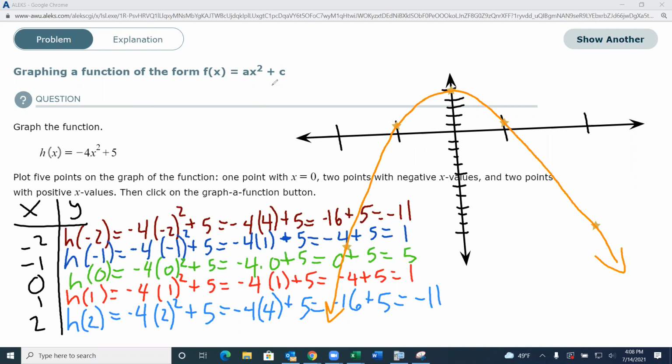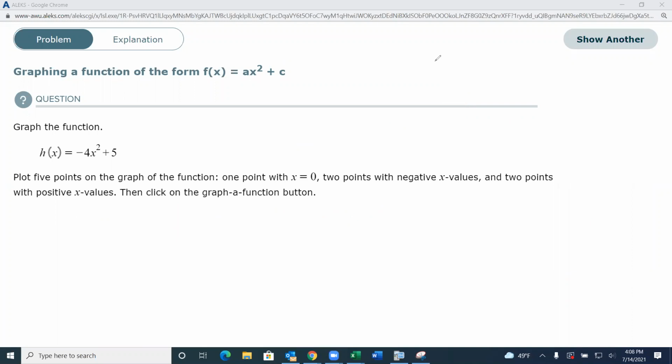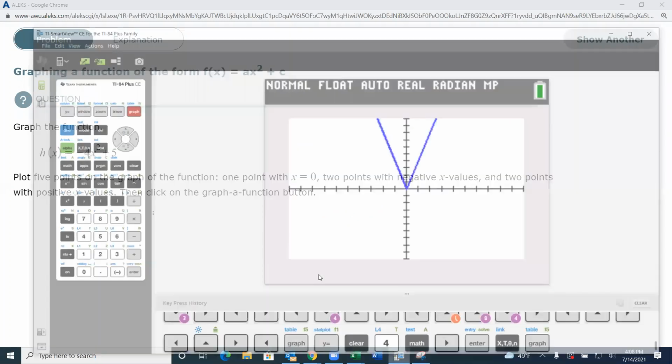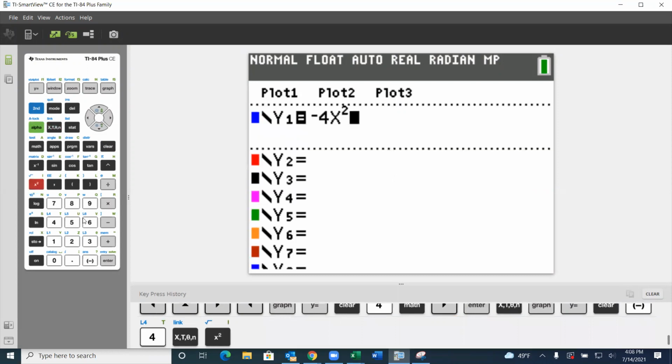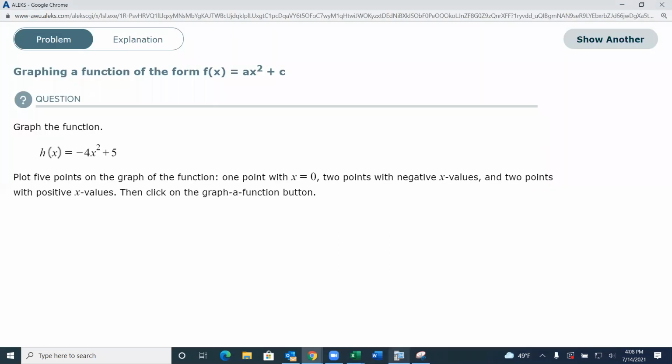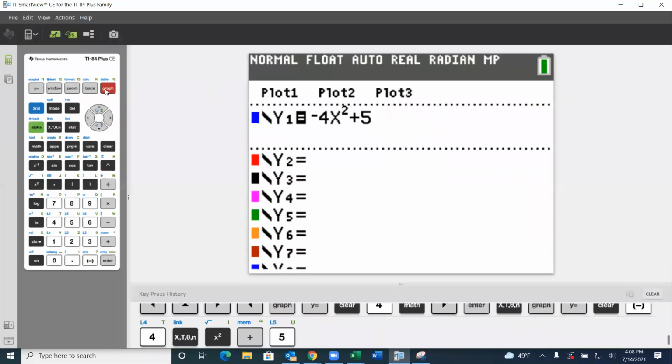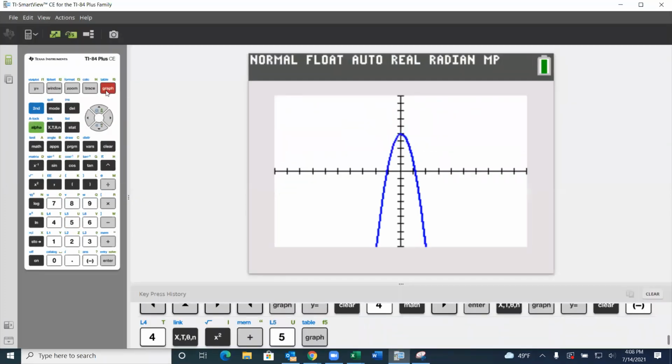And of course, you could do that on your calculator, and that would be splendid, which we'll do right now. So I'll go -4x² + 5. Let me double check I got that. Yeah, okay. And then when I hit graph, it looks pretty much like what I did a moment ago.